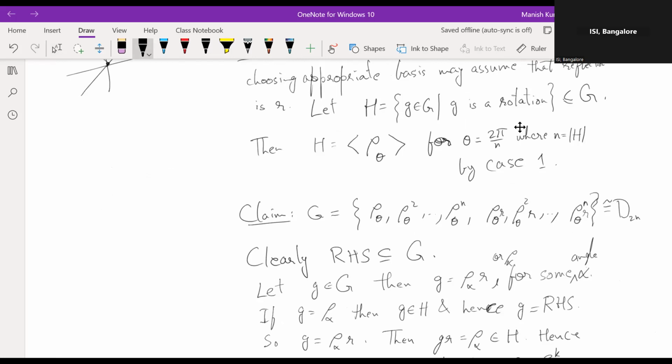Now, if it is rho alpha, then of course it's a rotation, so it automatically belongs to H, and hence it belongs to the right hand side, because H is contained in the right hand side. It's actually one of these, rho theta or rho theta square or some power of rho theta.